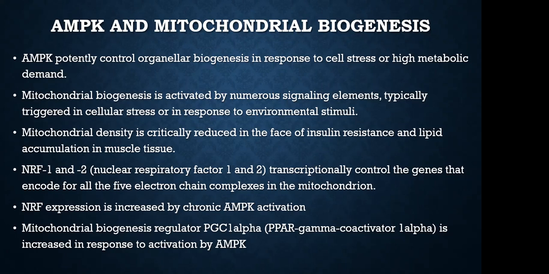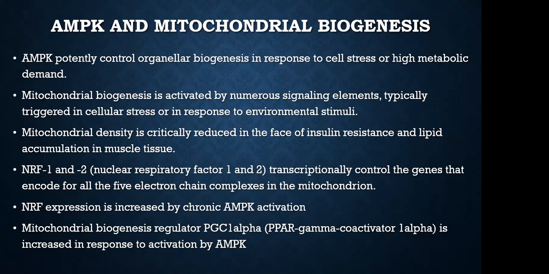So AMPK potently controls organellar biogenesis in response to cell stress or high metabolic demand. High metabolic demand, like exercise, would produce cell stress and also increase the metabolic demand. So again, that will increase the AMPK, and then it will support mitochondrial biogenesis.